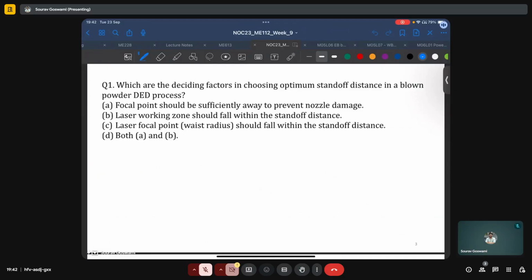Should the focal point be sufficiently away to prevent nozzle damage? We know that in the case of a blown powder DED process, this is the nozzle and the substrate, and the distance between them is typically called the standoff distance.